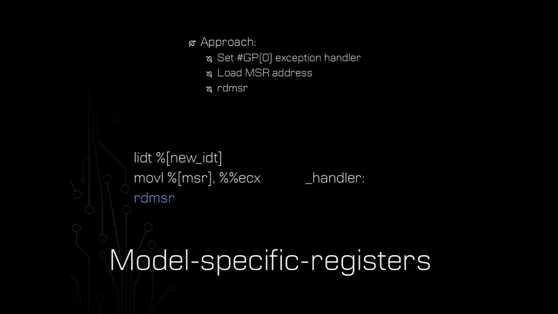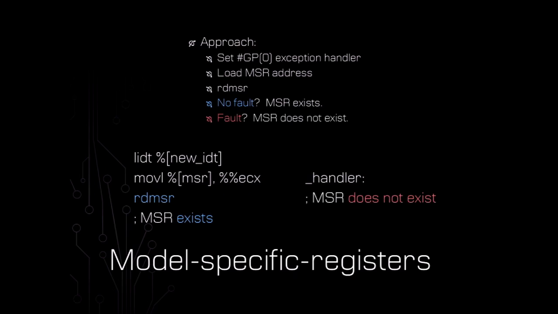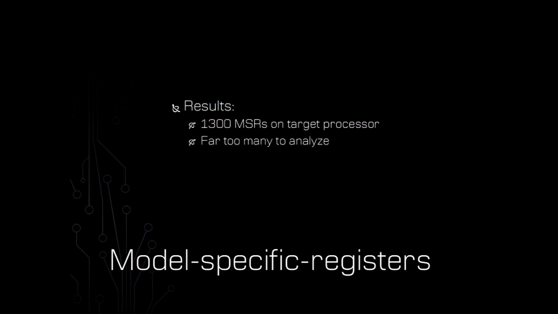Then I'm going to try to read that model-specific register. And then if I don't get a fault, that means that the MSR exists. Whether or not the documentation says that MSR exists, it must exist if I don't get a fault. On the other hand, if my exception handler gets control, that means that MSR does not exist. So this is a really, really simple way to iterate through all the possible MSRs and figure out which exist on the processor, which don't exist on the processor.